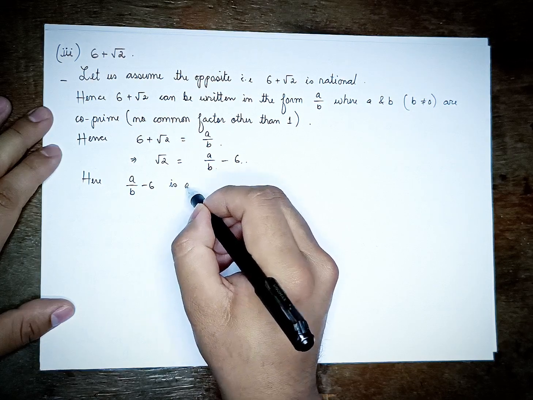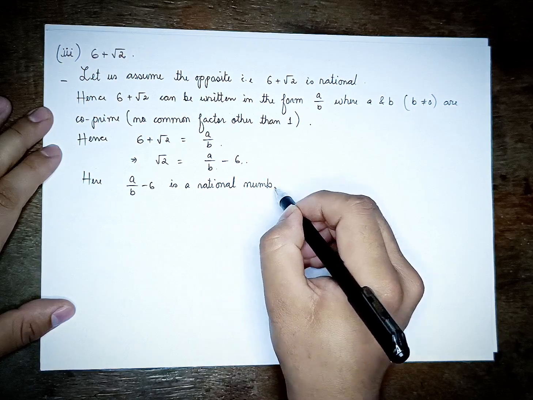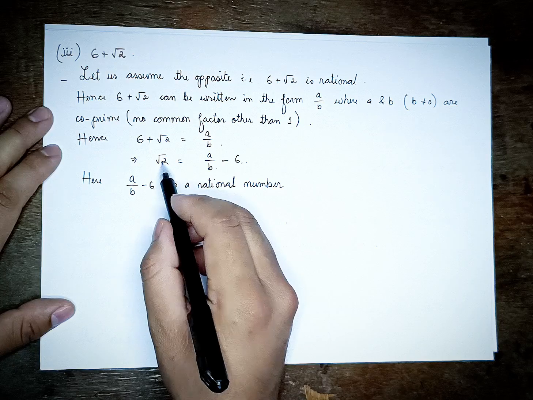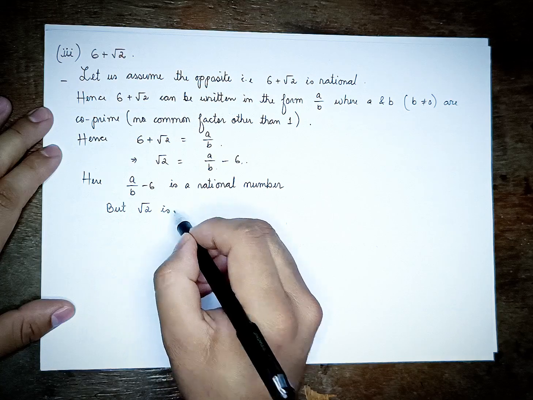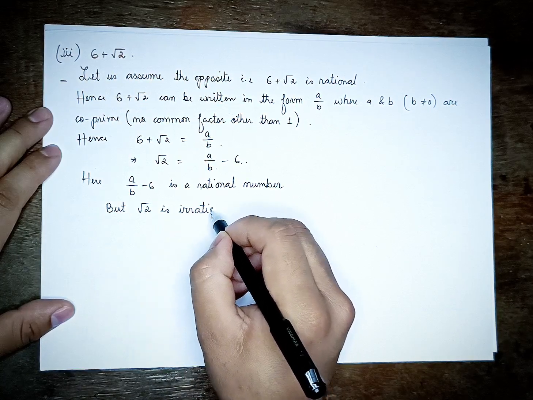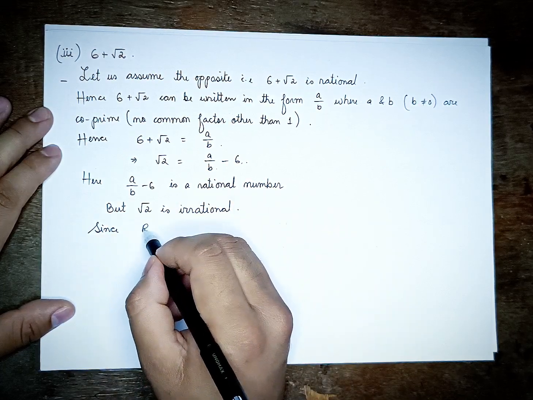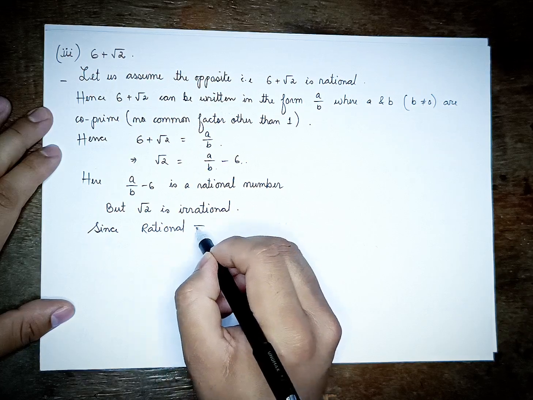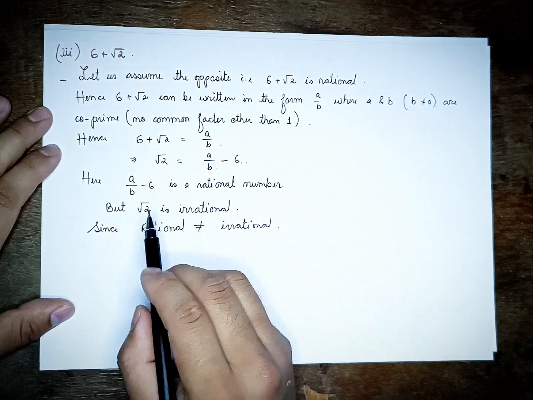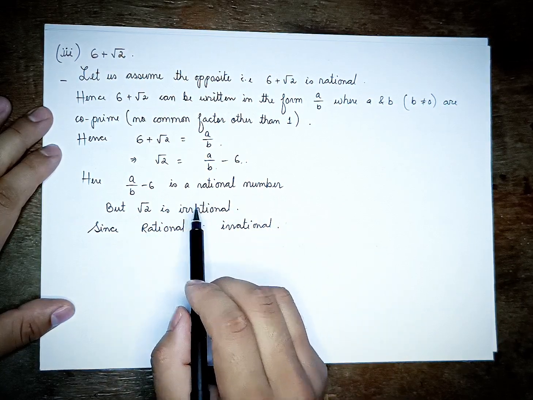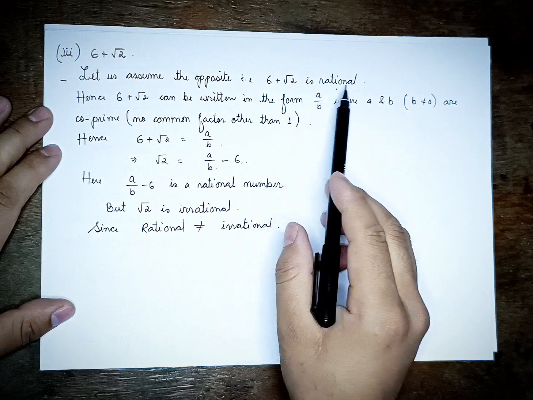Where does this contradiction arise? This contradiction arises from our very own assumption that 6 plus root over 2 is rational.